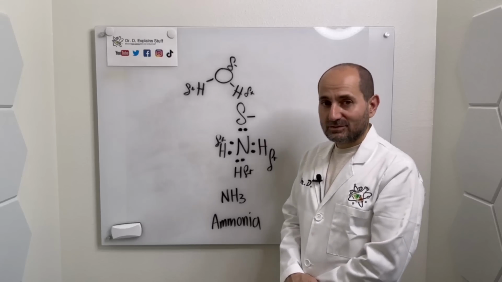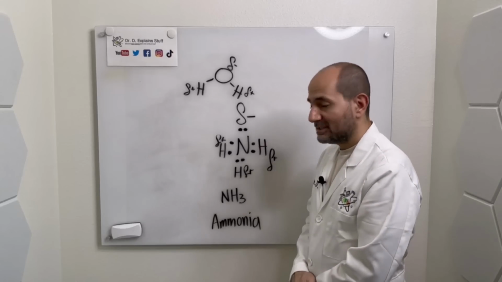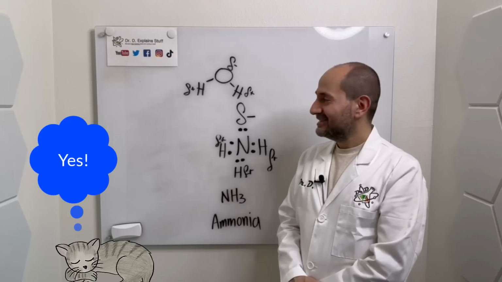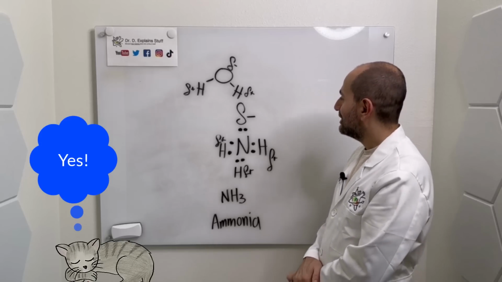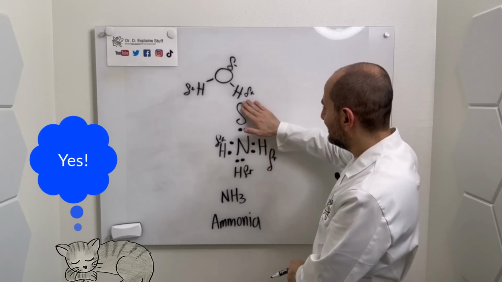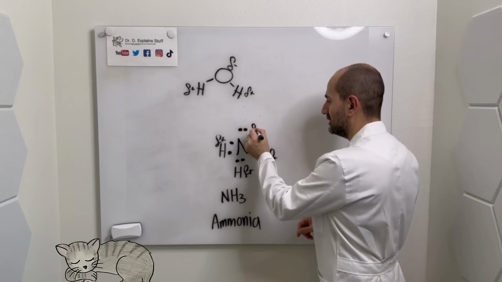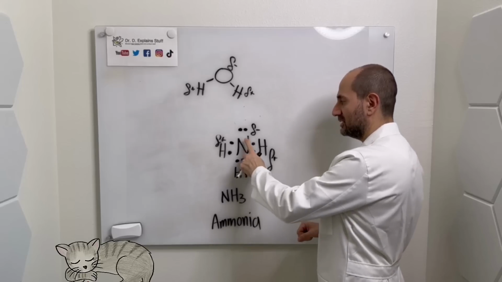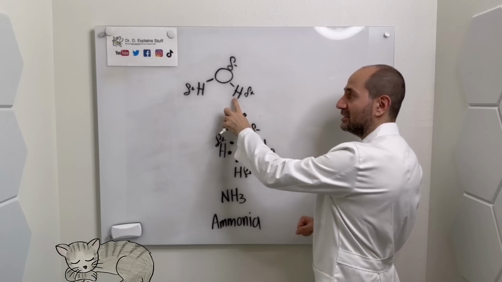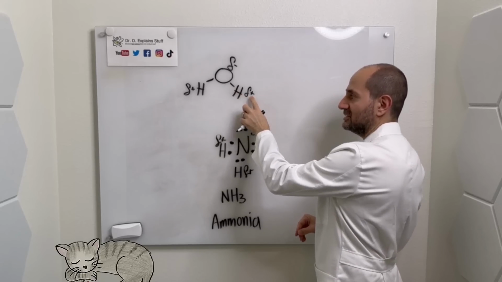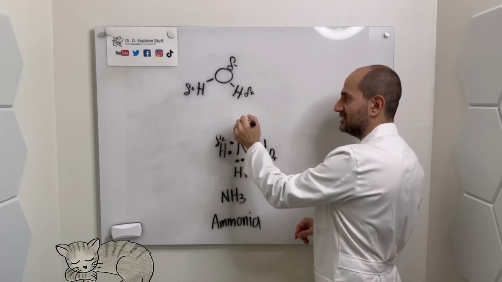Can it stick to ammonia? The answer is yes, right? Remember, opposites attract. This nitrogen is partially negatively charged. This hydrogen on the water is partially positively charged. Can they stick to one another?